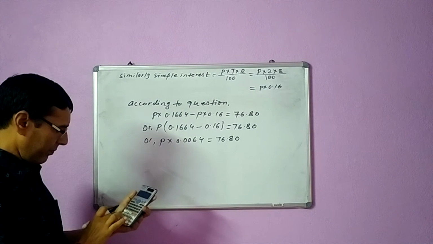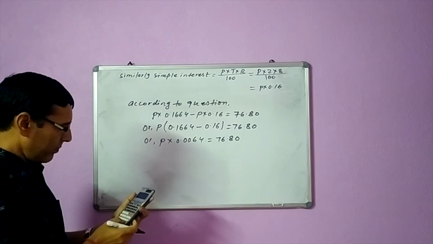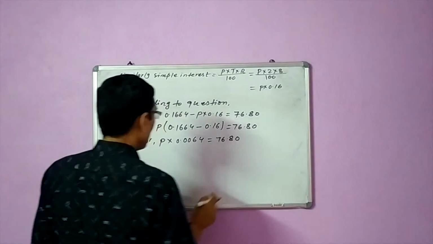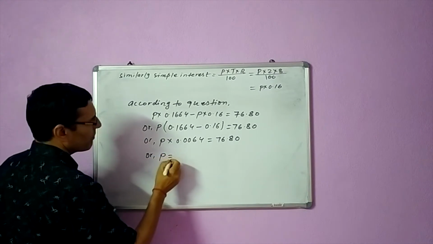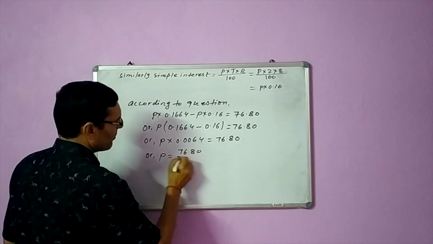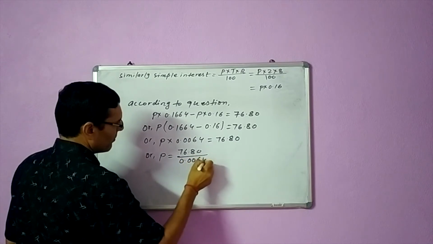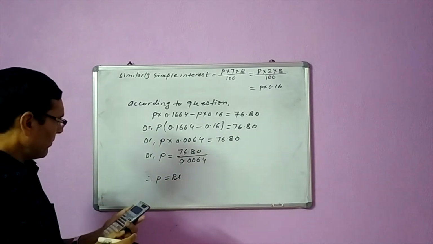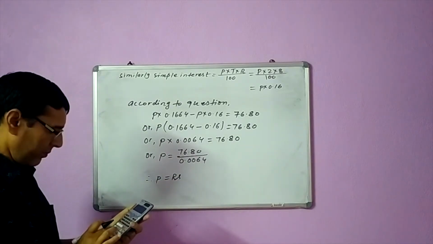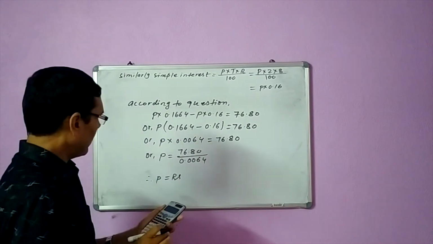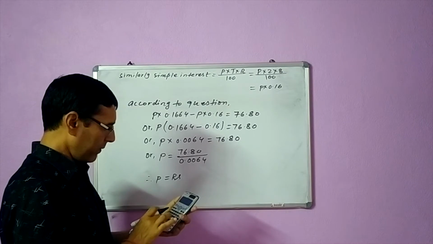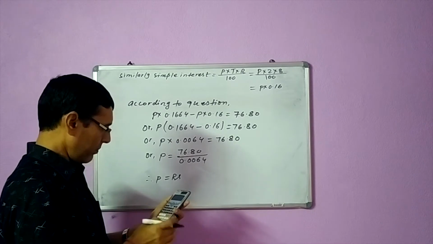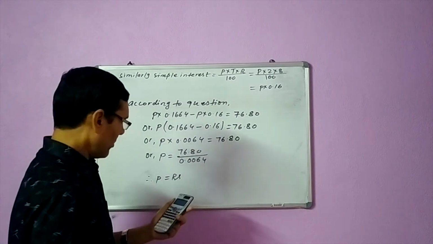So P is equal to, dividing, we get 76.8 divided by 0.0064, which is 12,000 rupees.